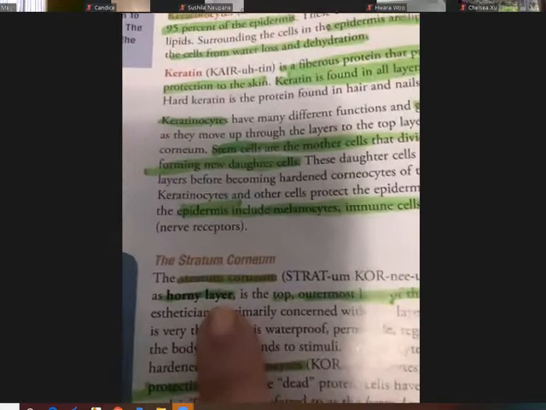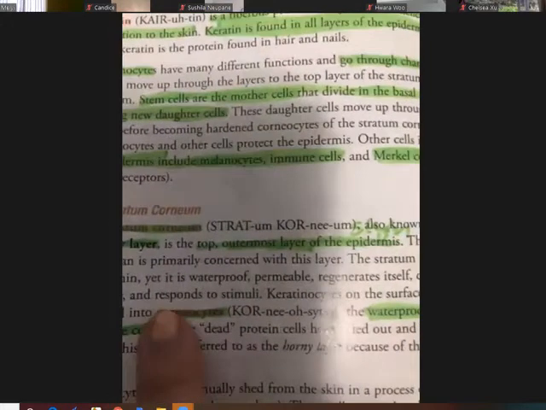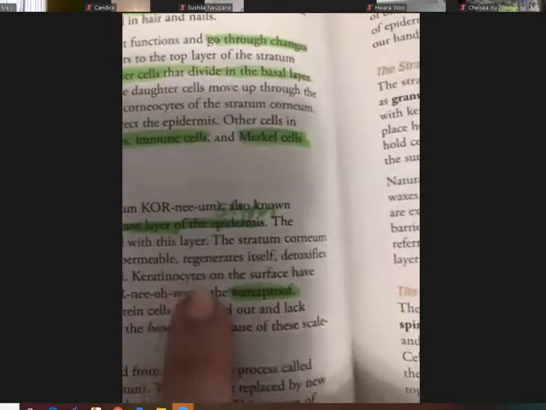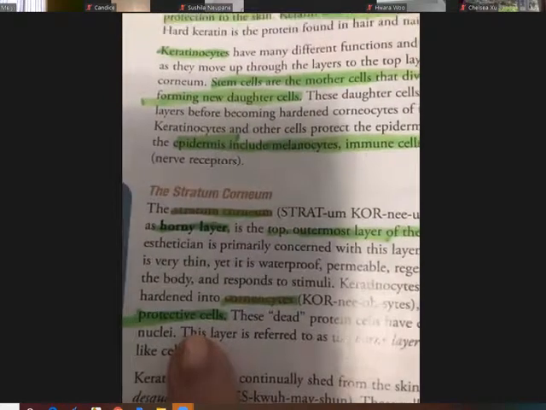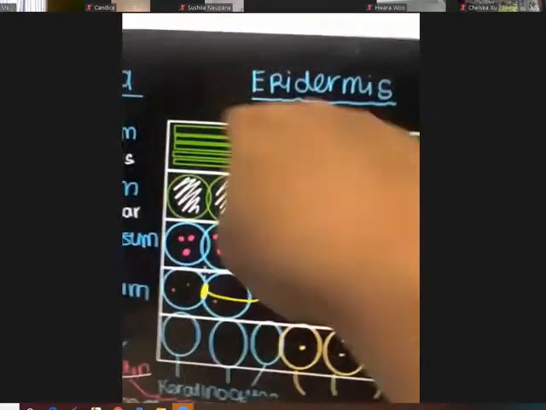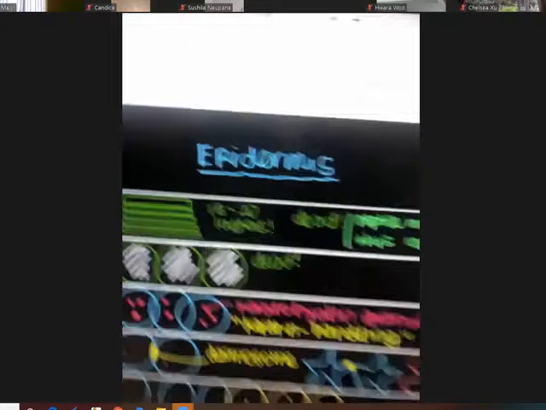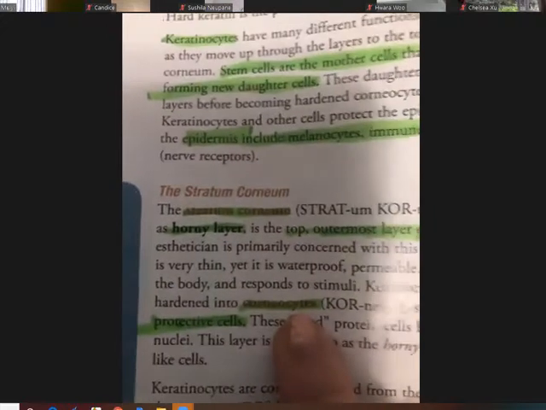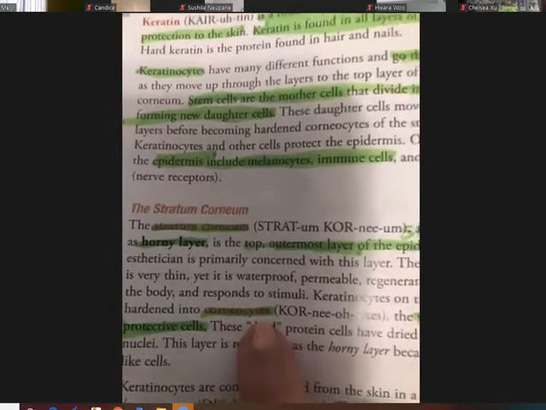The stratum corneum, also known as the horny layer, is the outermost layer of your epidermis. It is very thin, waterproof, regenerates itself, detoxifies the body, and responds to stimuli. Keratinocytes on the surface harden into corneocytes, which are the protective cells. This layer of cells that form the dead skin is called corneocytes. 这些死皮细胞叫做 corneocytes.